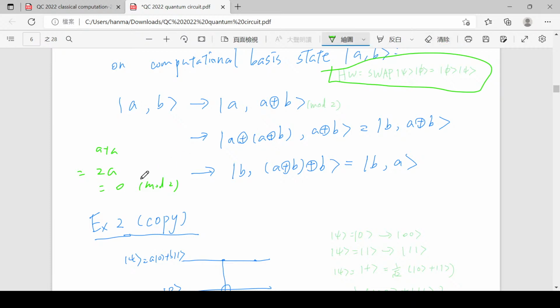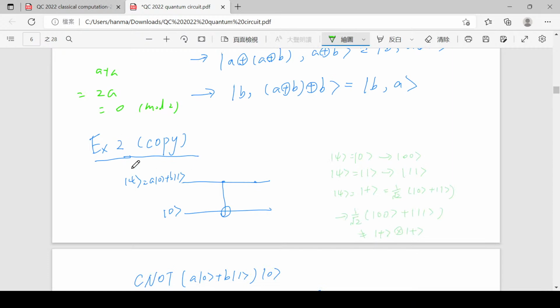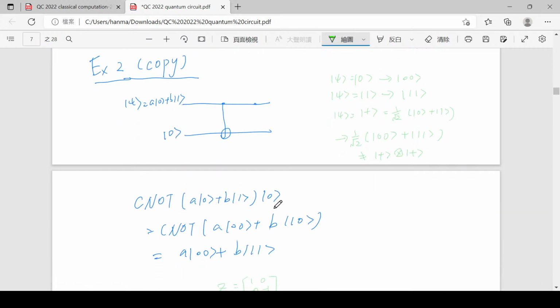Then we have a second example, which is also a very classical circuit. It's copying classical information. Let's say you have some psi as input, then 0 on the second qubit, and then you apply a CNOT here.